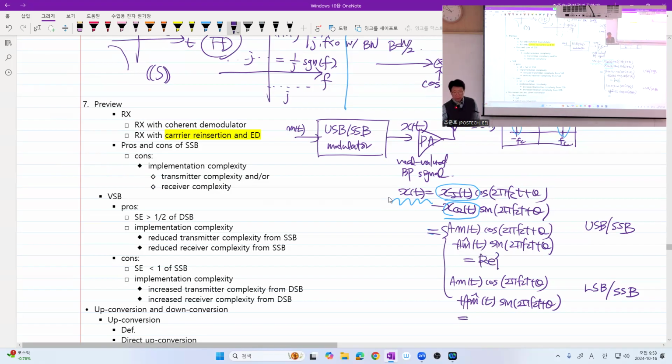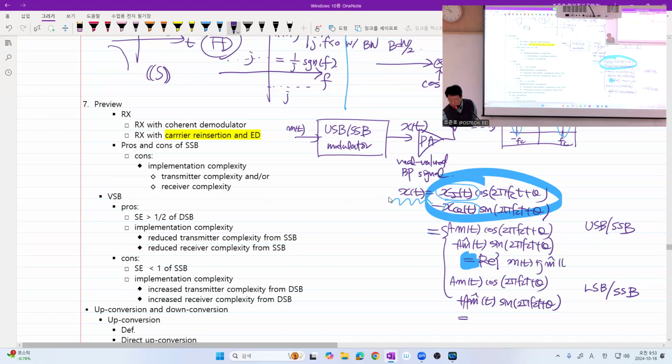Whenever you have a real-valued signal, one of the key results you must learn through this course is that you instantly be able to convert such an IQ representation signal into what?